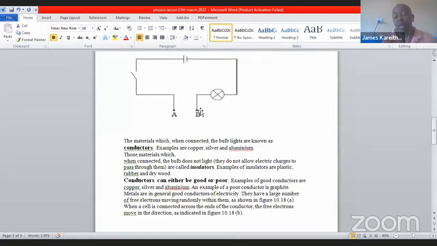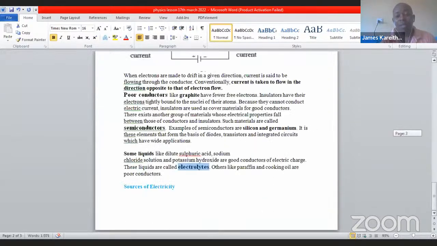But if you put water and something like paraffin, those are poor conductors. So you find that the bulb is either too dim or it does not even light. Therefore, students should know that it is not only solids that conduct electricity. We also have some liquids that allow flow of current. And those liquids, we call them electrolytes.